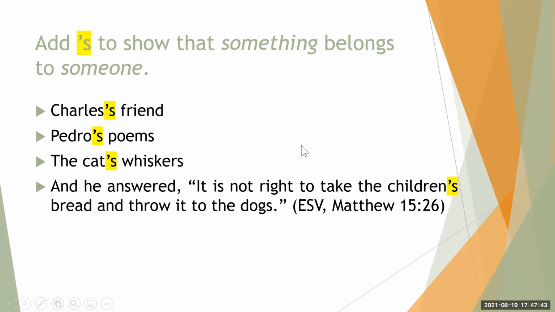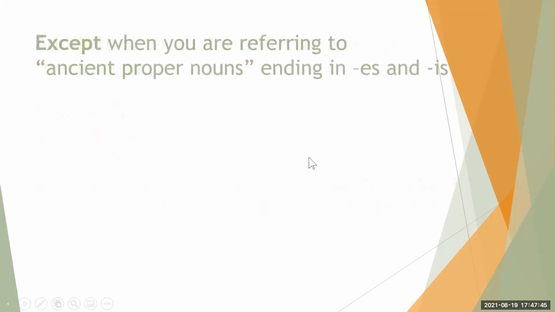But there are two exceptions to this rule. When you are referring to people's names, people who lived a very long time ago and who came from a very ancient time, you call this an ancient proper noun. Then you don't put an apostrophe s, you just put an apostrophe.